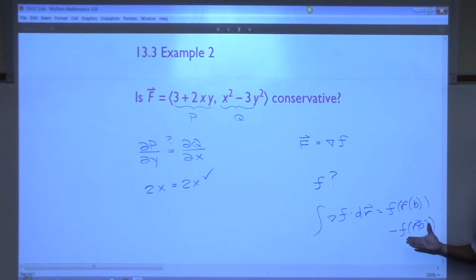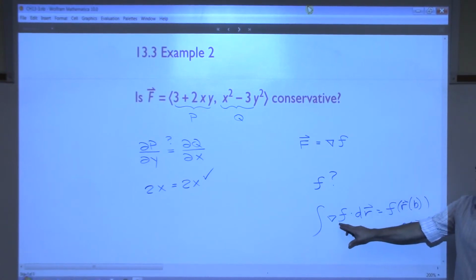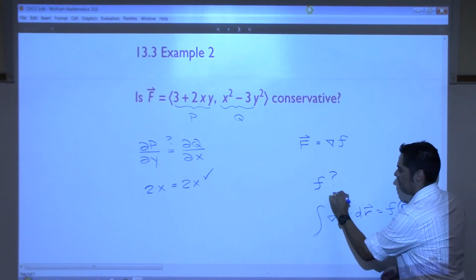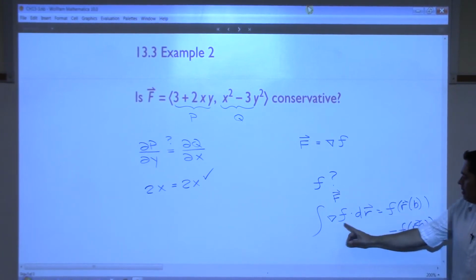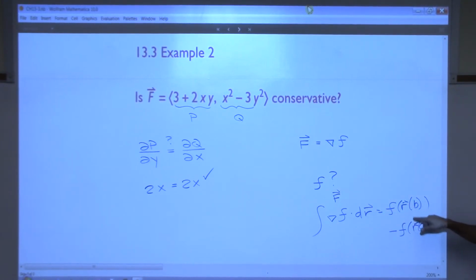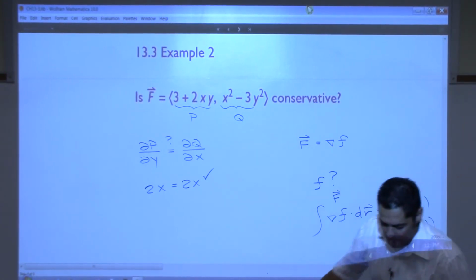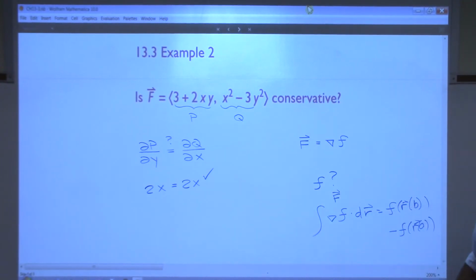That's it right there. So if capital F here, vector, is the gradient of f, which it is in this case, then I would just need the two endpoints of the curve, which would probably be easy for me to get, but I would also need to know the scalar function. So this test just allows us to say yes or no, it's conservative, but the next natural question is, how do we find little f?